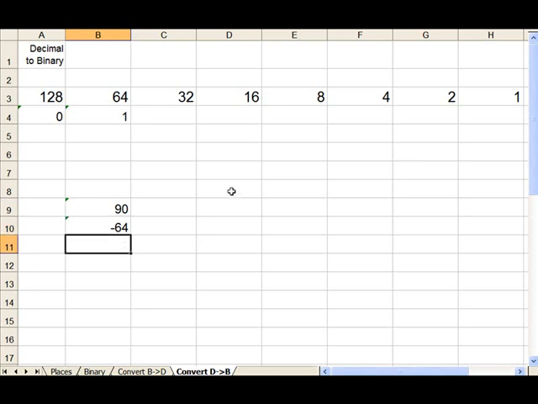and I hope your arithmetic is better than mine. 10 minus 4 is 6. 8 minus 6 is 2, so we've got 26 left to be represented in these bits. Do we have any 32s in 26? No, so I'll put a 0 there. And then, do we have any 16s?